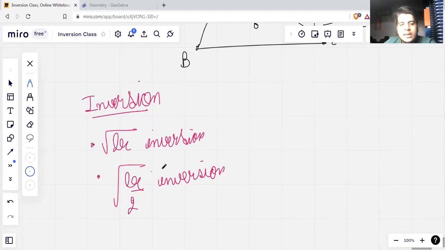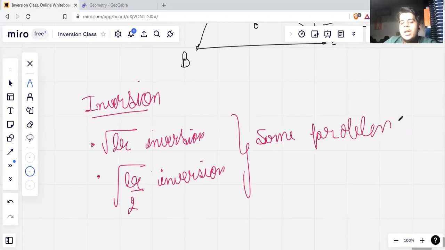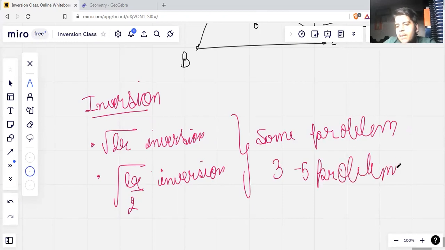For both of them I'll be discussing which point goes to what and how they are nice. I'll be doing some problems for both. I expect to do 3 to 5 problems at least, but all of that depends on time. I might also do some hard problems, depends.